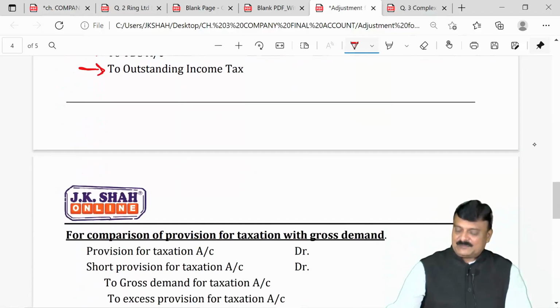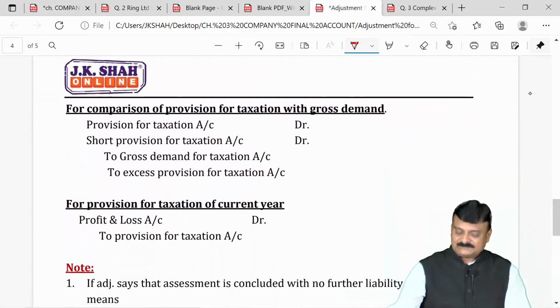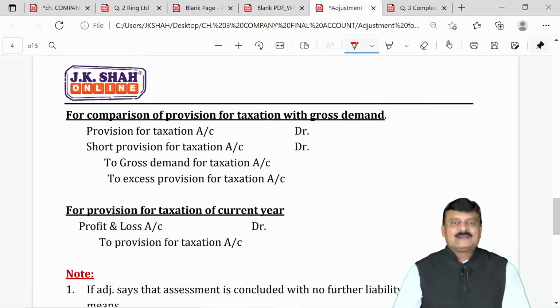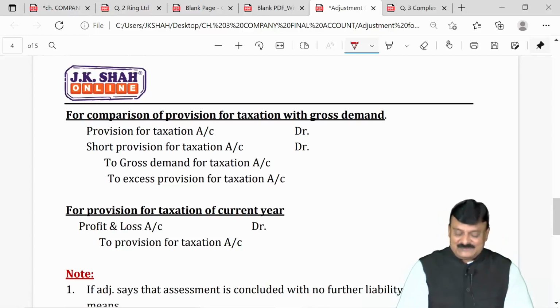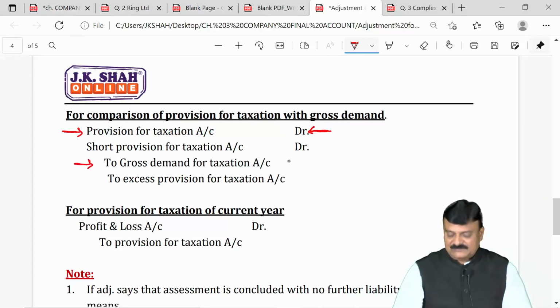Second comparison was with provision for taxation. Provision for taxation is credit in the trial balance. Now it is adjusted, so I will debit provision for taxation. That is adjusted with liability for tax, so to gross demand for taxation. Already told you whether you write gross demand or liability for taxation, the meaning is same.